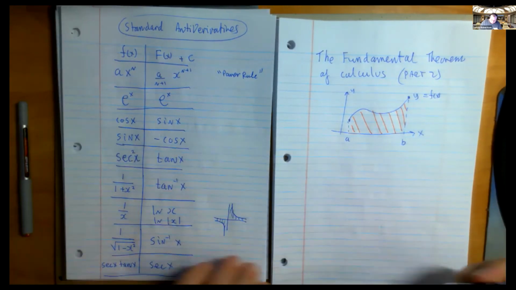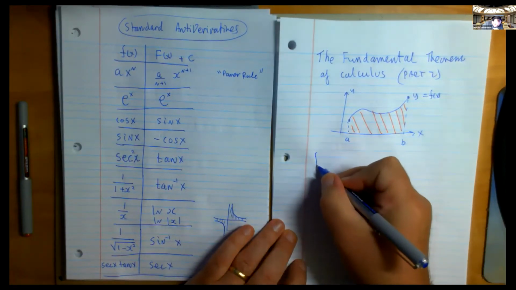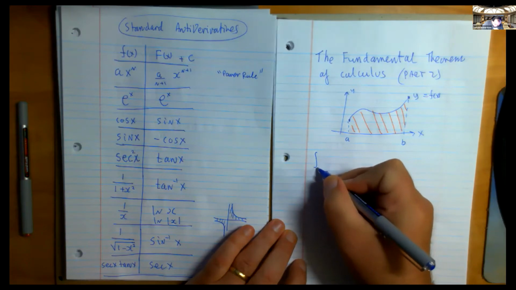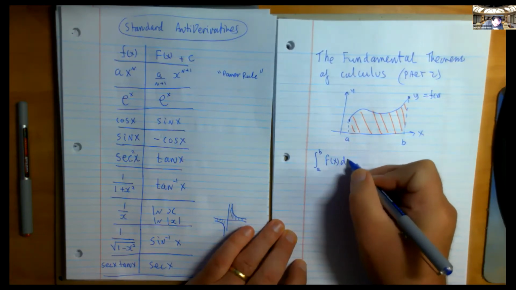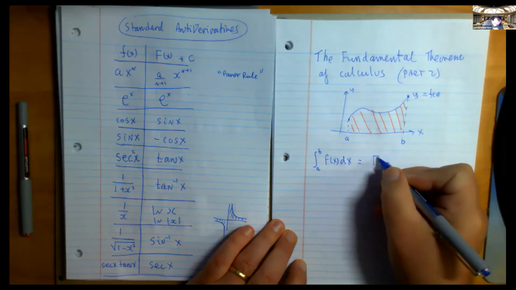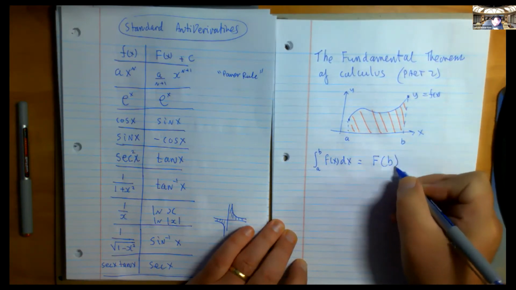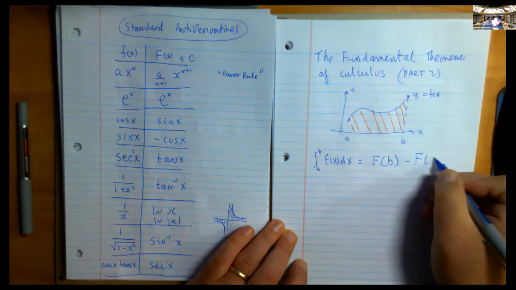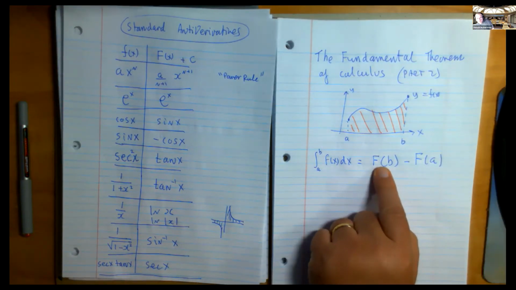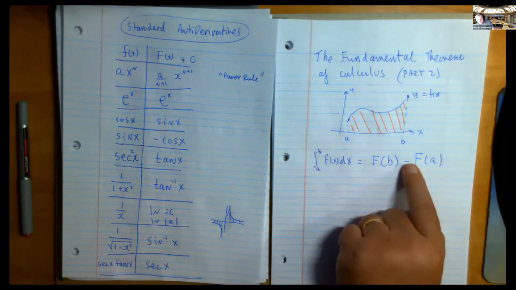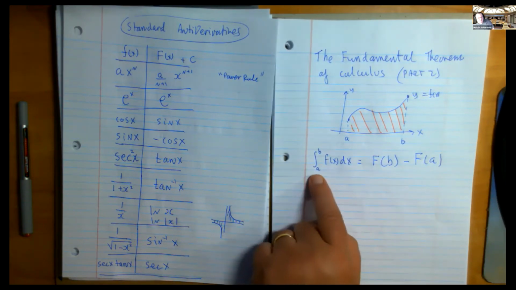Then according to the fundamental theorem of calculus, the area under the curve, the integral from a to b of this function, is equal to this: the antiderivative evaluated at b, take away the antiderivative evaluated at a.